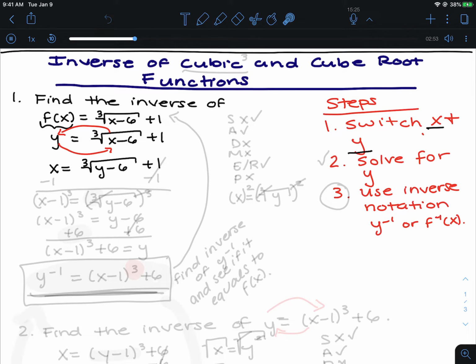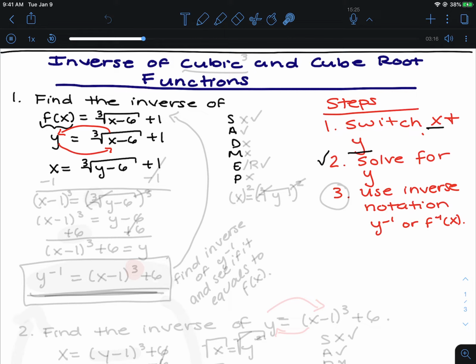Okay, now in order to solve for y, which is the second step, we have to use SWBAT. And if we look at SWBAT, it asks us, okay, do we have subtraction? And the thing is that we do have subtraction, right?